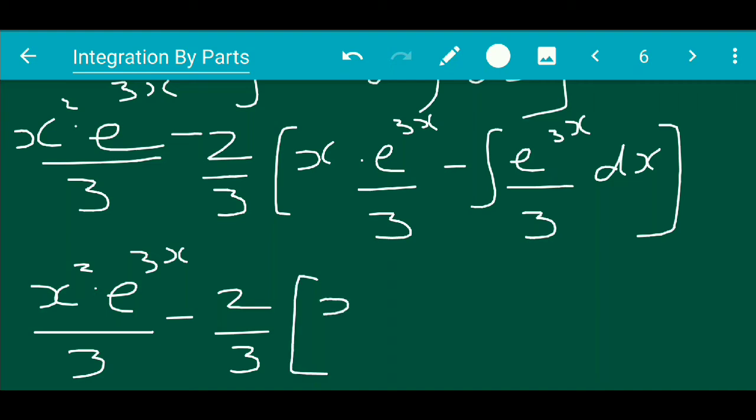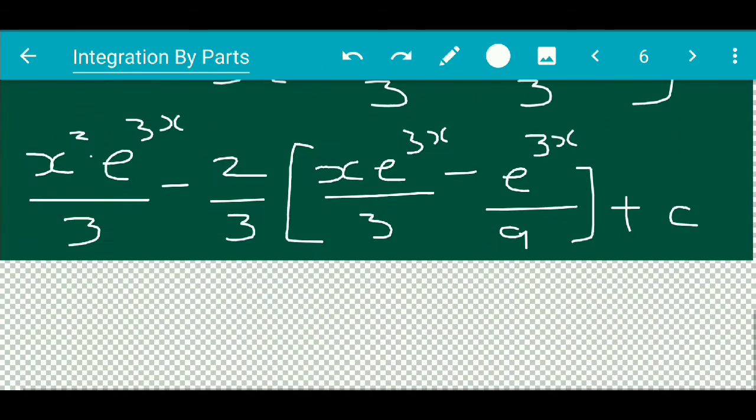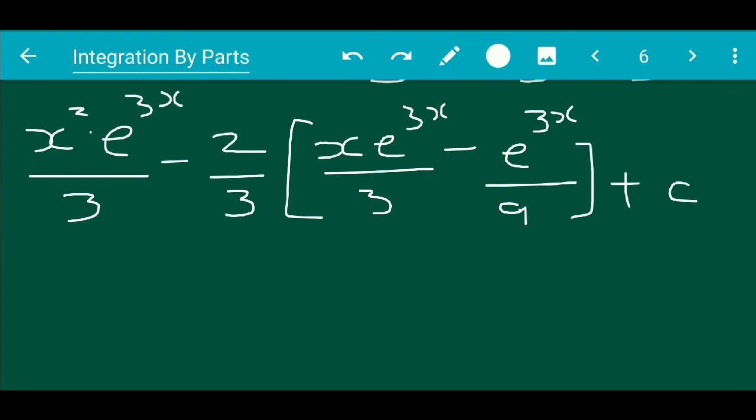Again here the first term is same, minus, now integral of e raised to 3x upon 3 becomes e raised to 3x upon 9. 3 into 3, that is 9 we can write over here, and then plus c. Now what you can do is you can open the brackets, simplify it further by taking the common terms, and then write your final answer. So you can complete the sum. Refer to the previous sum and you'll know how to complete the sum.